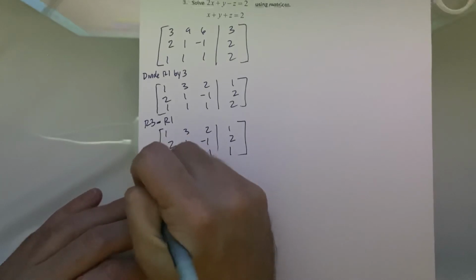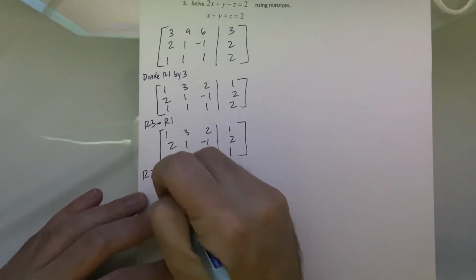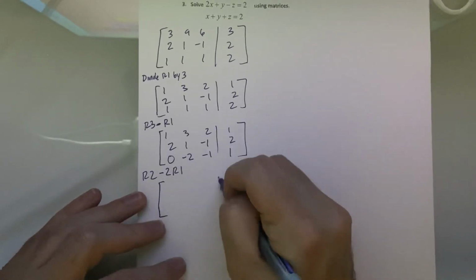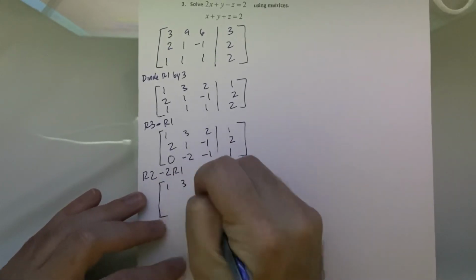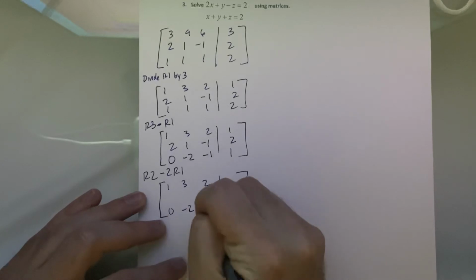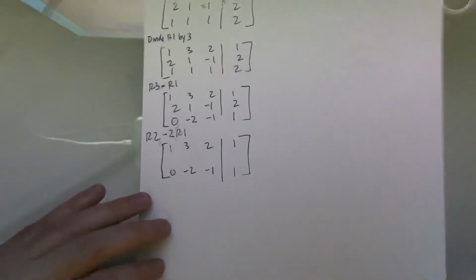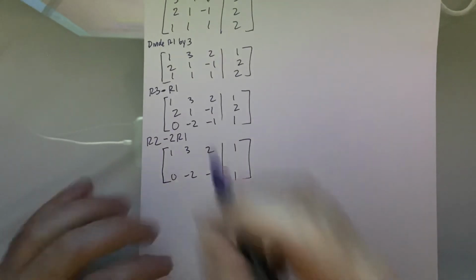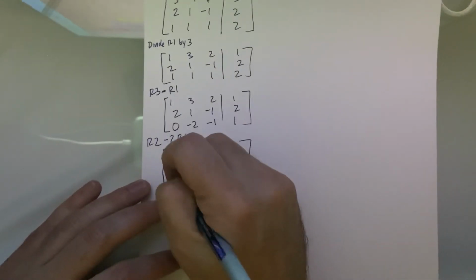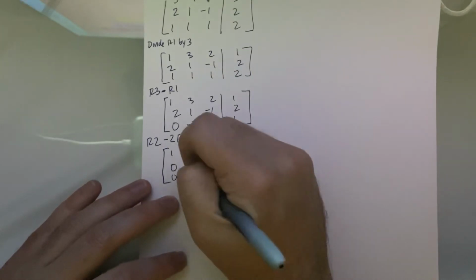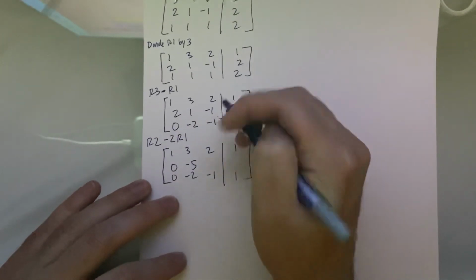For row 2, because it's 2, I need to subtract 2 times row 1. So again, now row 2 is changing, but nothing else is changing in the other two rows. Okay, so 2 minus 2 times 1 is 0. 1 minus 2 times 3, so 1 minus 6 is negative 5.